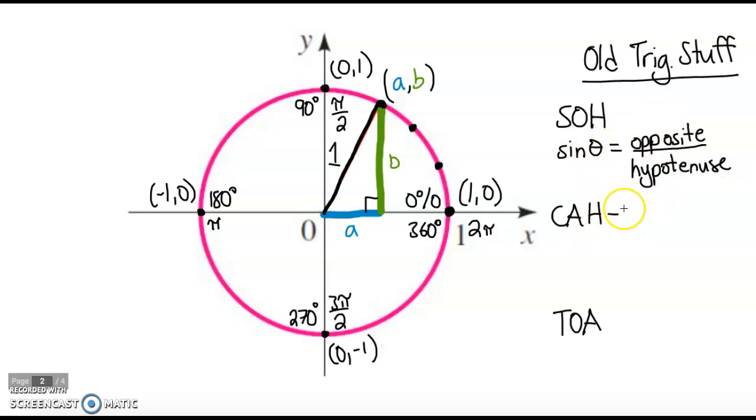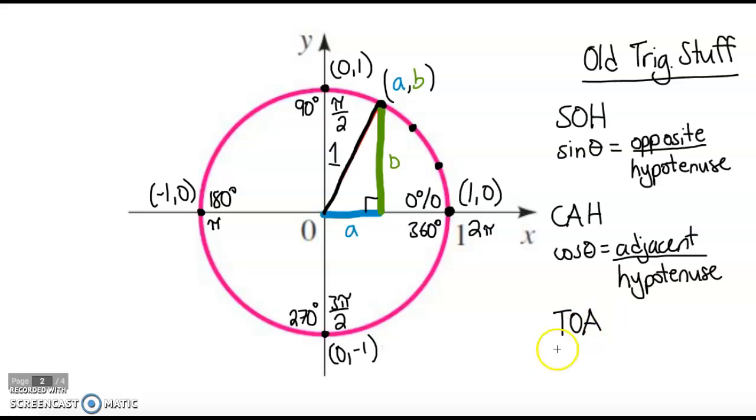The CAH means that if you're finding cosine of an angle, you're doing your adjacent side length over your hypotenuse. And TOA means that if you're finding tangent of an angle, you're doing your opposite side length over the adjacent side length.